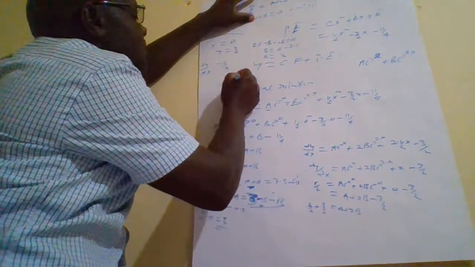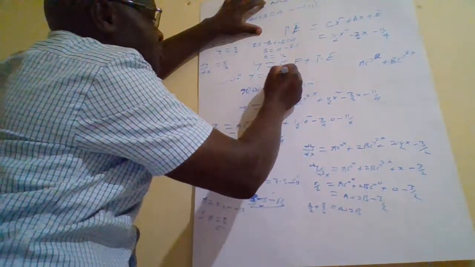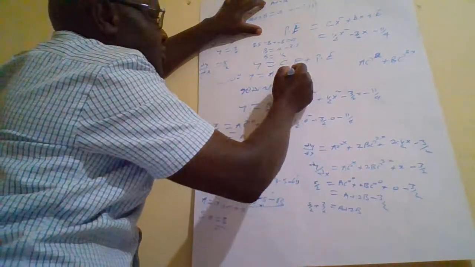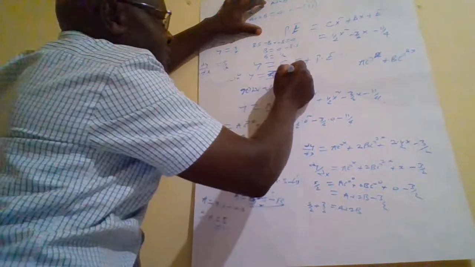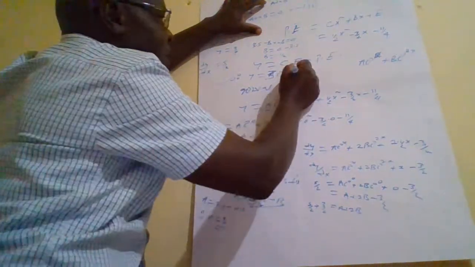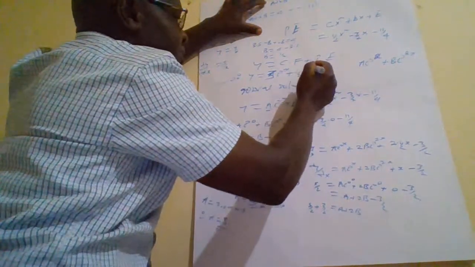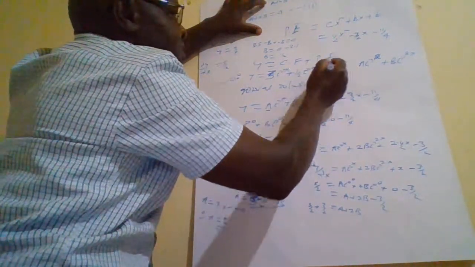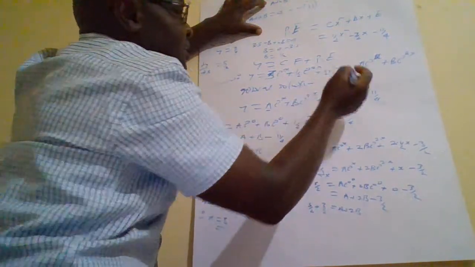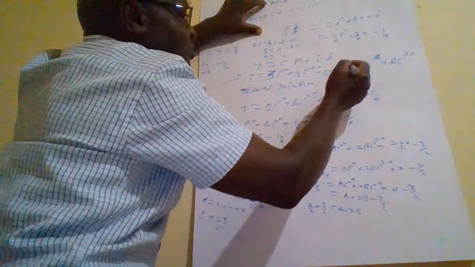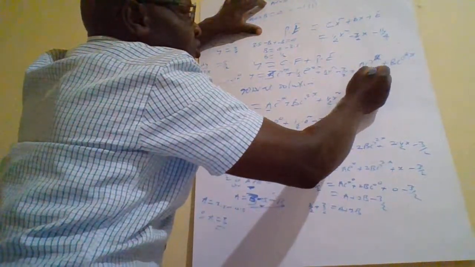Therefore, our equation now is y equals a^x, but a is 3. Now this one will be 3^x plus our b is a half, (1/2)^(2x), plus a half x squared minus 3/2 x, then minus 11/4.